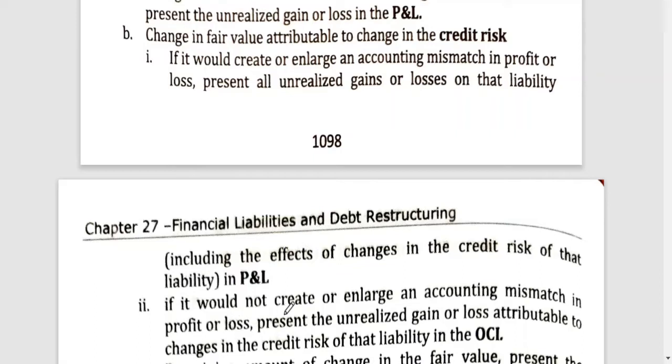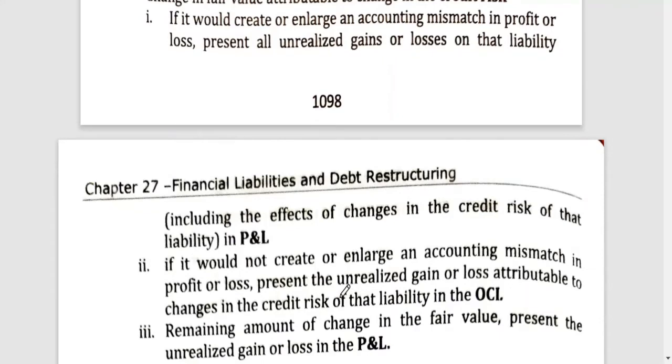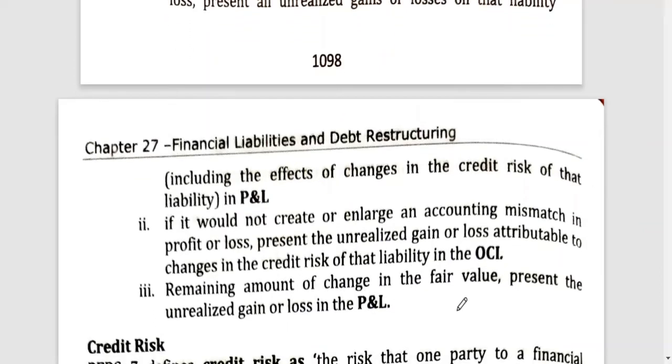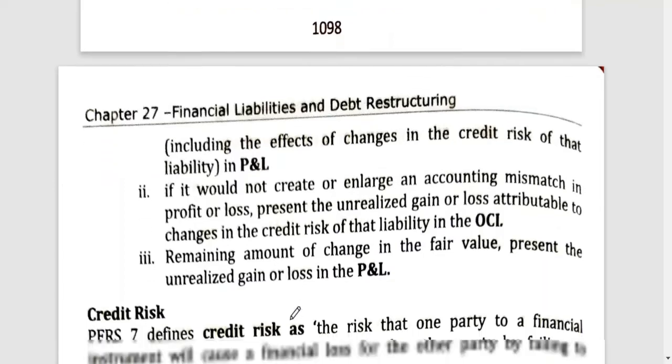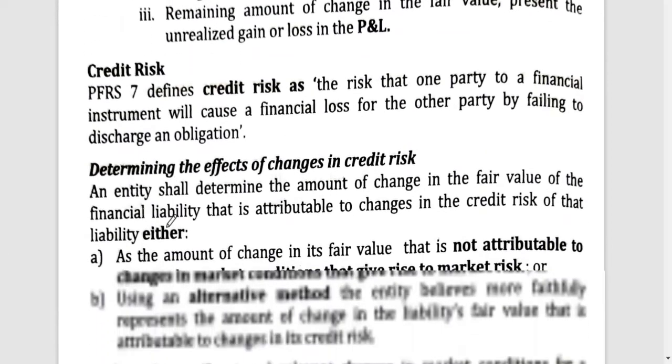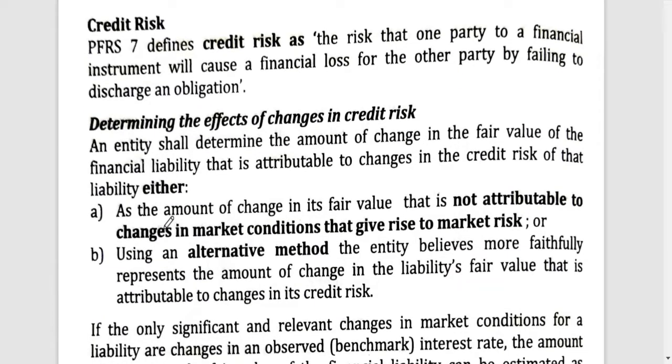If it would not create or enlarge an accounting mismatch in profit or loss, present the unrealized gain or loss attributable to changes in the credit risk of that liability in the OCI. Remaining amount of the change in the fair value would be presented in the profit or loss as unrealized gain or loss. So what is this mentioned credit risk?